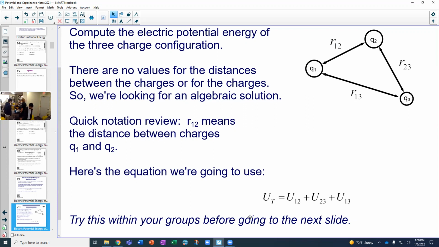Are all the charges positive? Actually, no, that doesn't matter. If it's negative, it's automatically negative.